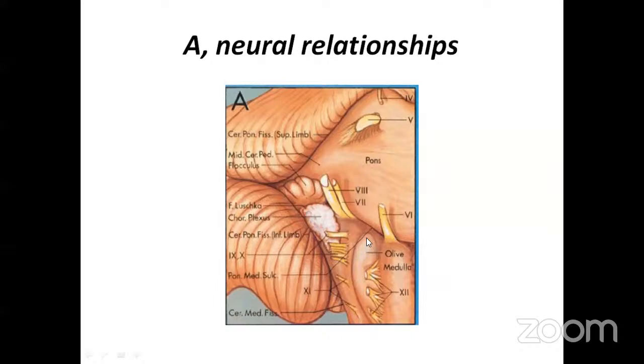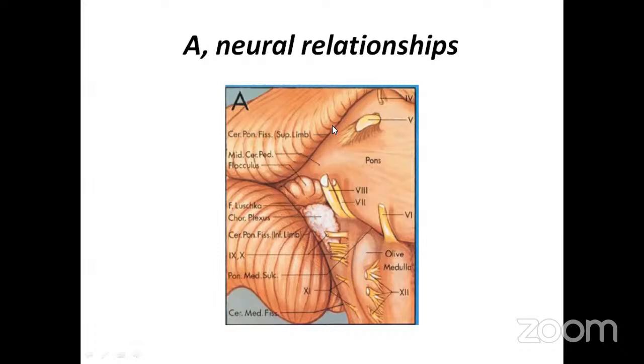So the 7th and 8th nerve lies slightly posterior to the rostral pole of the olive, anterior superior to the choroid plexus, anterior to the flocculus, and in the lateral end of the pontomedullary sulcus. This is another fissure, the cerebellopontine fissure that we have discussed previously.